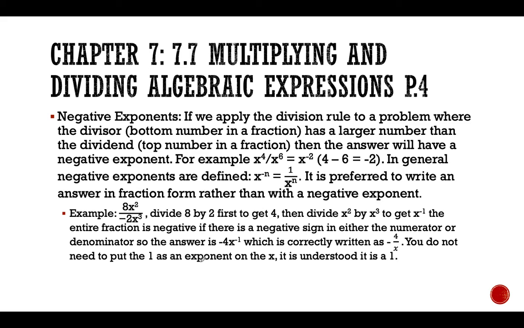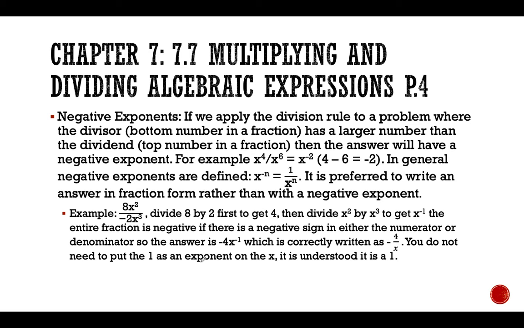Negative exponents are defined this way. X to the negative n equals 1 over x to the n. So we take a negative exponent and we put it in the denominator of a fraction and make the exponent positive. It is a preferred method to write an answer in fraction form rather than write it with a negative exponent.